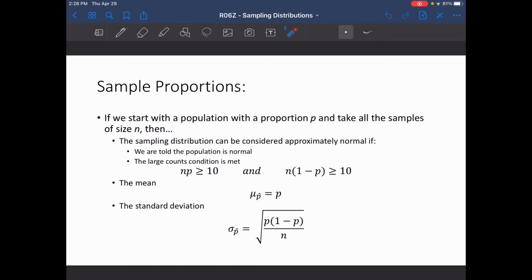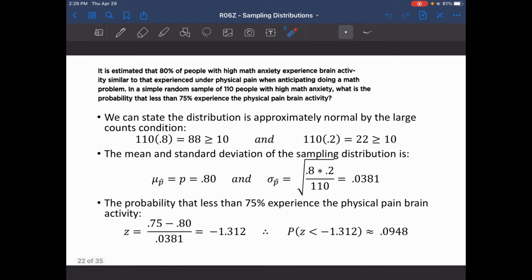And our mean, or just our sample proportion, is going to be equal to the population proportion, and our sample standard deviation for proportion is going to be equal to the square root of our proportion for success times our proportion for failure divided by the total number in the sample. So that's how we find all of that.